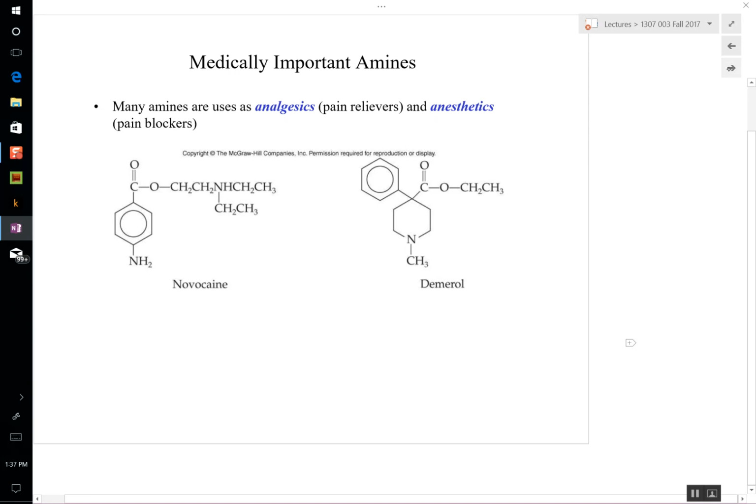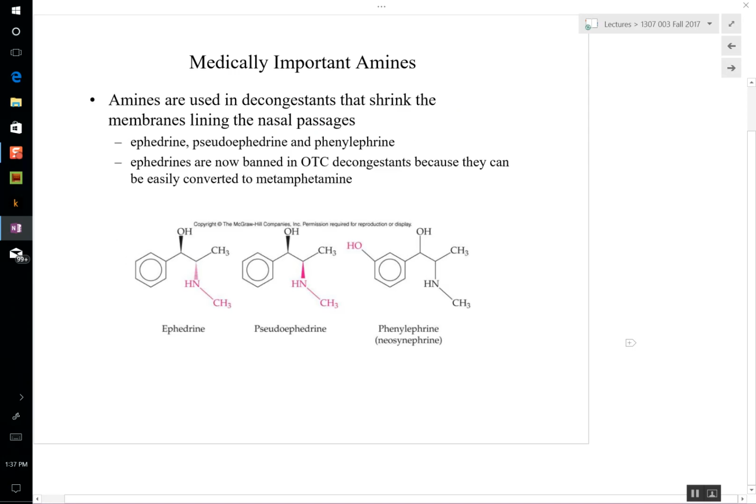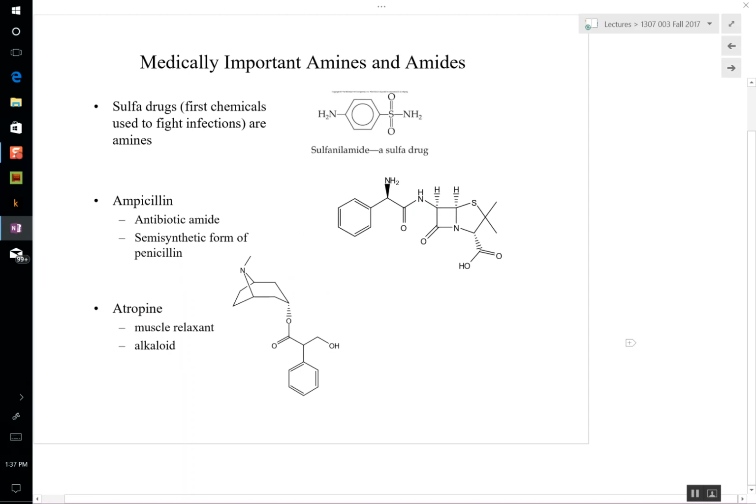Novocaine, Demerol. Here are some decongestants. I assume synthetic molecules; many of the others were naturally occurring. Ampicillin, nitrogen all over the place.